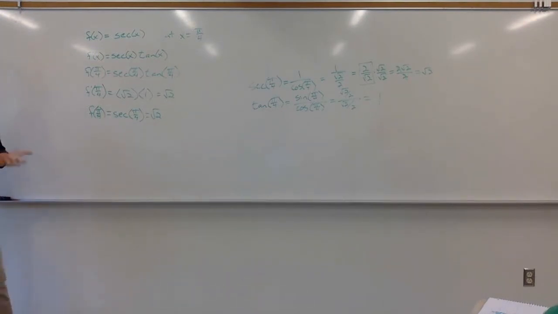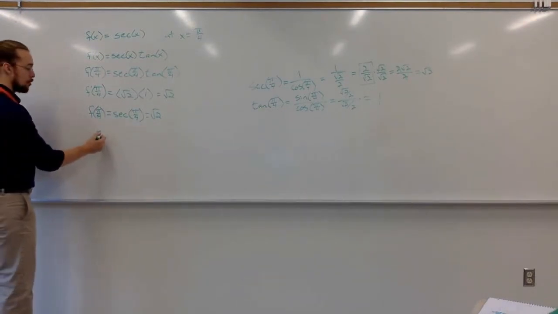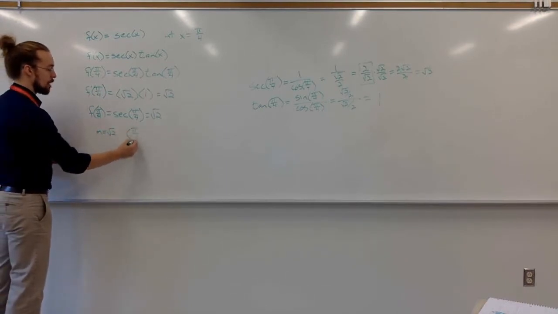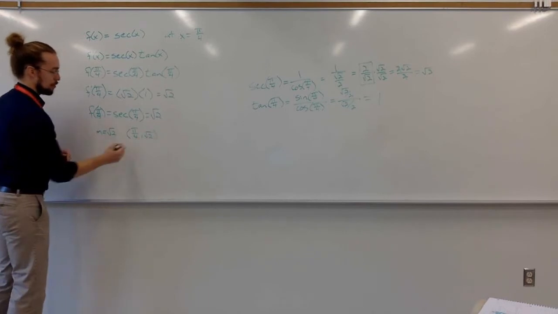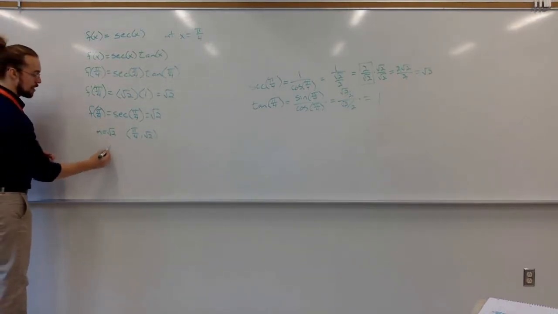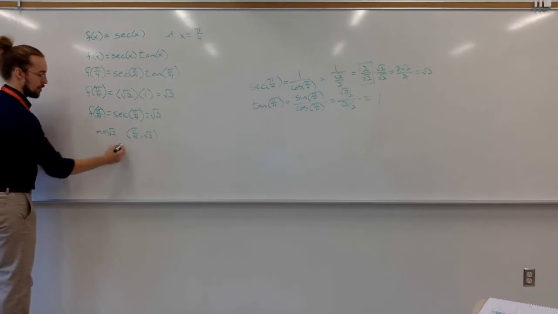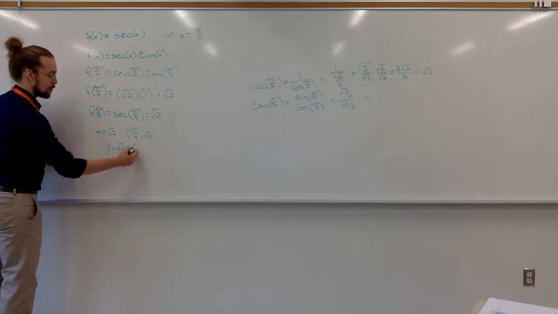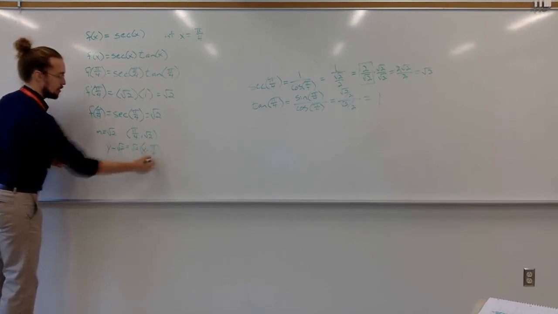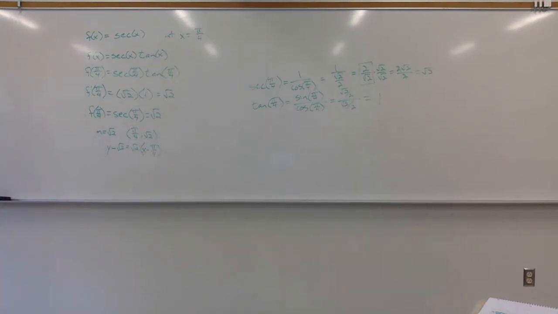So what we end up with here is my slope is radical 2, and my coordinate point is pi over 4, radical 2. So now writing the equation of a line: y minus radical 2 equals radical 2 times x minus pi over 4. And you can just leave it like that.